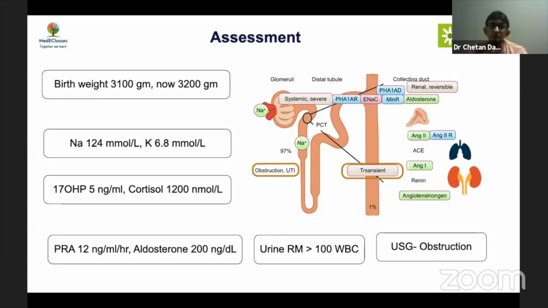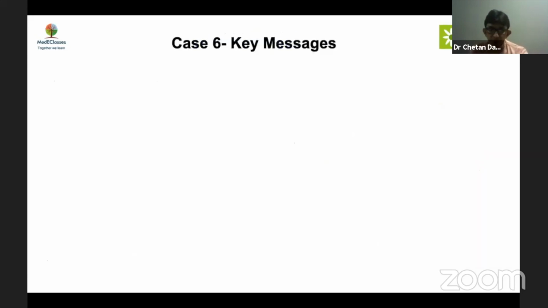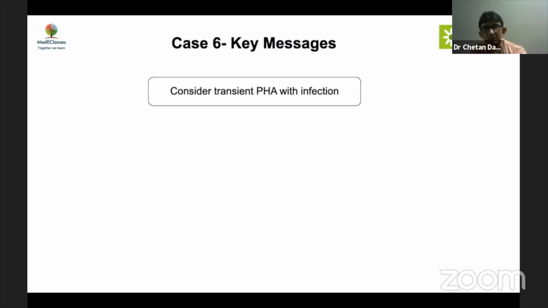So this is a case of transient pseudohypoaldosteronism, in which the urinary tract infection should be treated judiciously, and then this aldosterone resistance reverses. So it's basically a tubular problem, not an aldosterone problem. Best would be to treat the infection and obstruction, and it will improve.